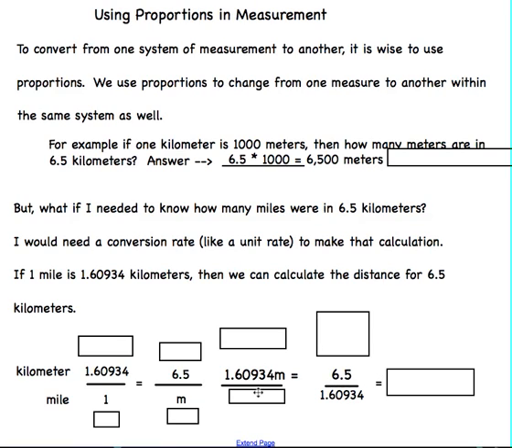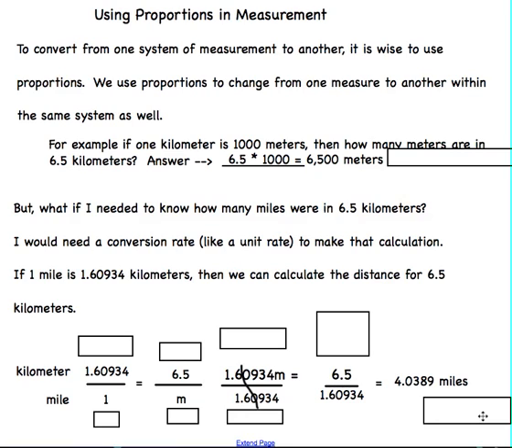Now if we divide both sides by 1.60934, these cancel. And we get m is equal to 4.0389 miles.